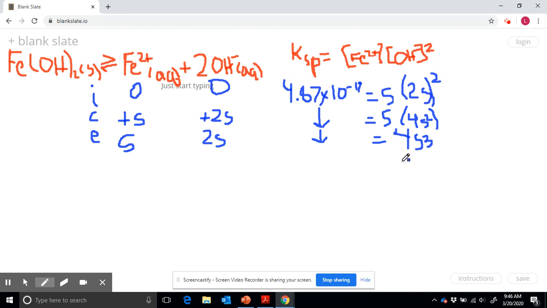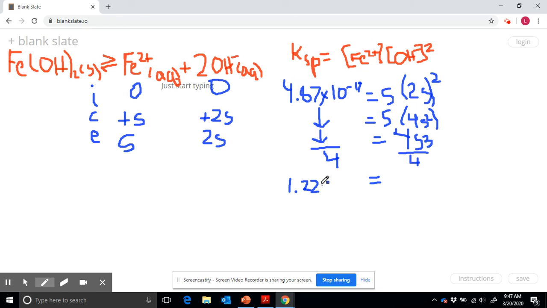Now we need to solve for S. So let's go ahead and get S by itself. So we're going to divide each side by 4. So if we divide each side by 4, we get, let's see, so this 4.87 times 10 to the negative 17 divided by 4 is 1.22. So make sure you plug this in your calculator.